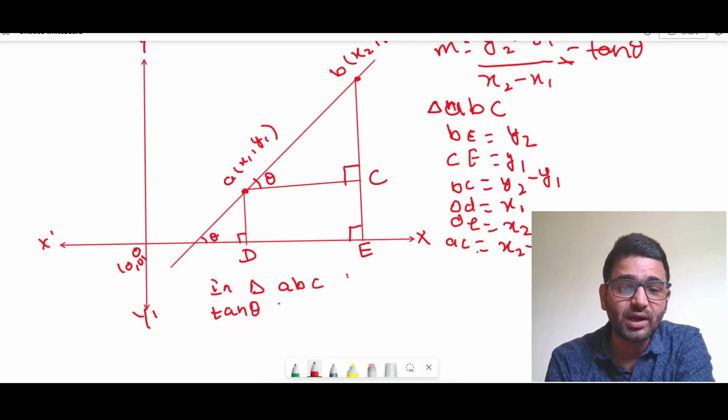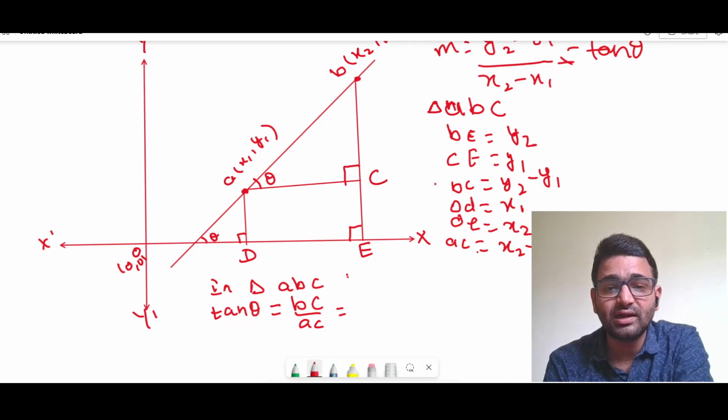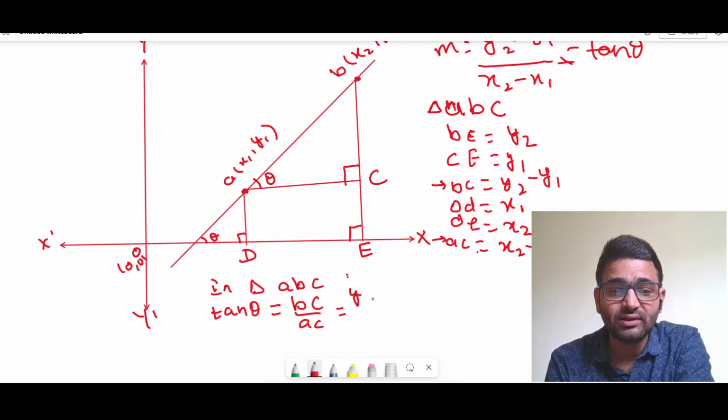And what is our perpendicular? BC. And what is our base? AC. And you have already found the value of BC here and AC here. So what is it? y2 minus y1 by x2 minus x1.